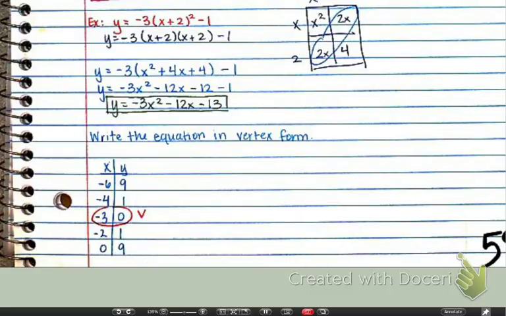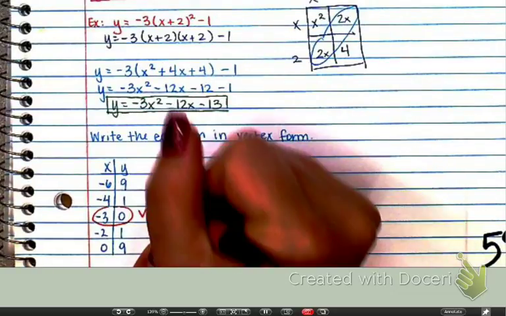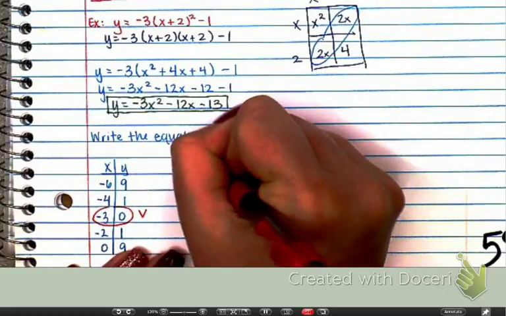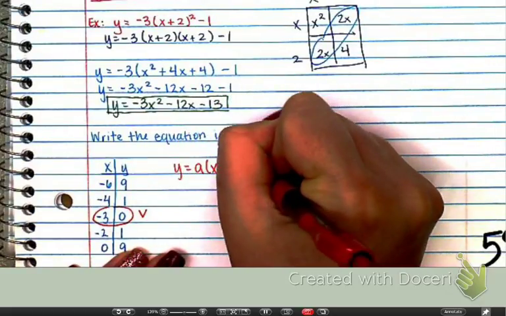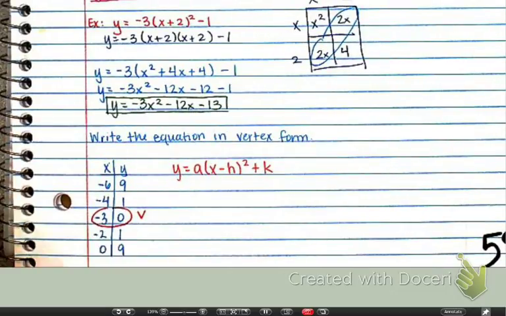So we know V is our vertex. So our equation, our vertex form, is y equals a times x minus h squared plus k. Where would I plug in -3 and 0, for what letters up here?